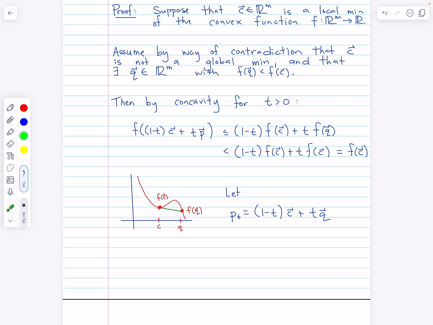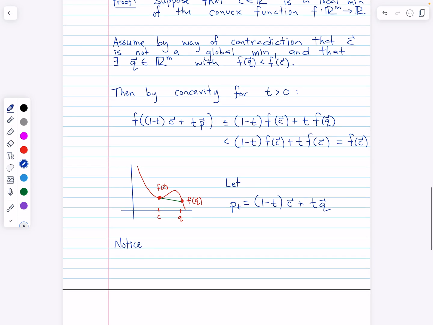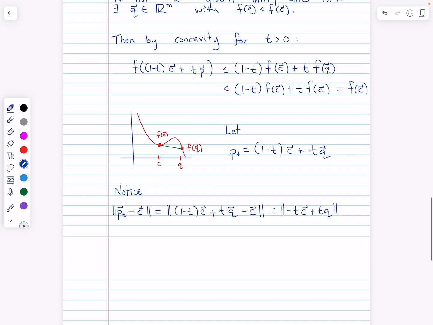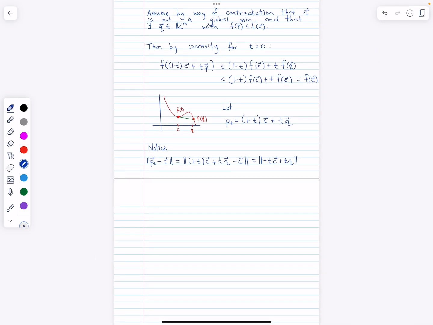Okay, and what I want you to notice is, if we measure the distance between p of t and C, we want to see how far apart these are. Well, if I replace p of t with the thing that I've just defined it to be, which is 1 minus t C plus t Q, and then I subtract off C, when I simplify, the plus C and the minus C are going to cancel, and I'm just going to get minus t times C plus t times Q. Okay, and I can pull the t out.